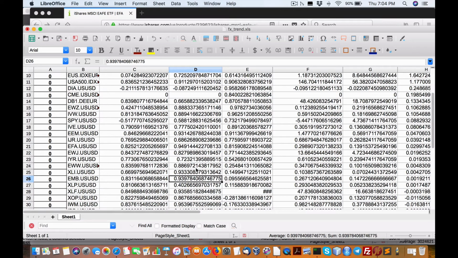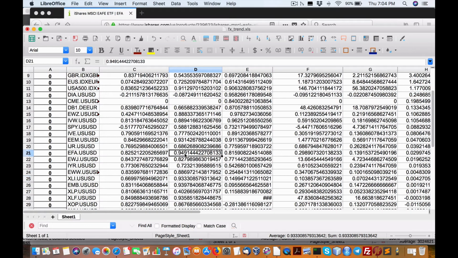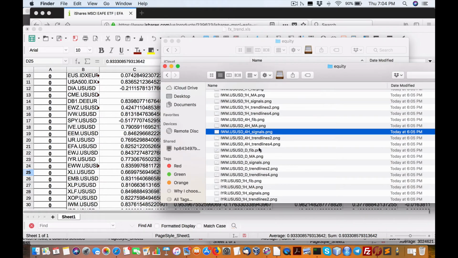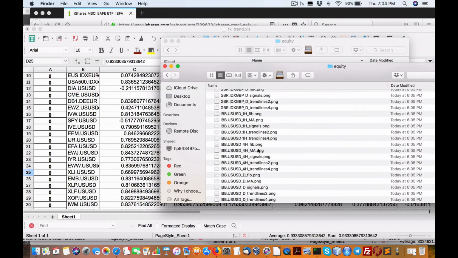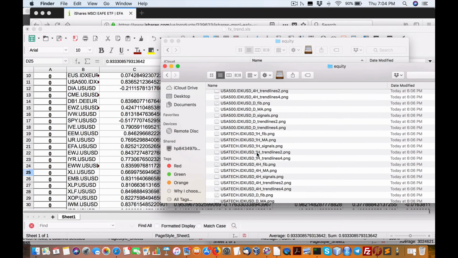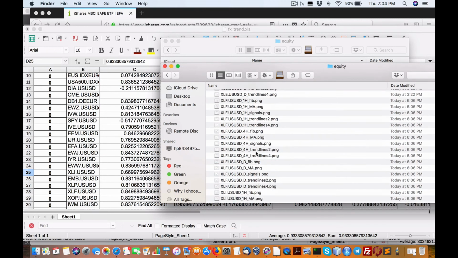So we have EMB, XLI, EFA we looked at. Let's see what else we have here. XLI, let's see what that is. Okay, before we go crazy, that is the XLI US dollar.